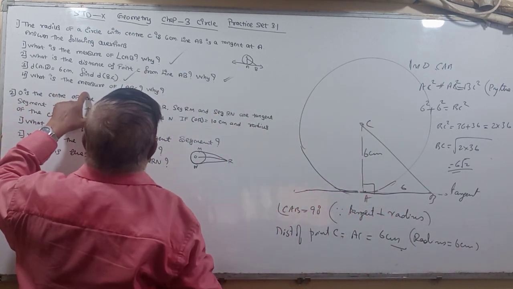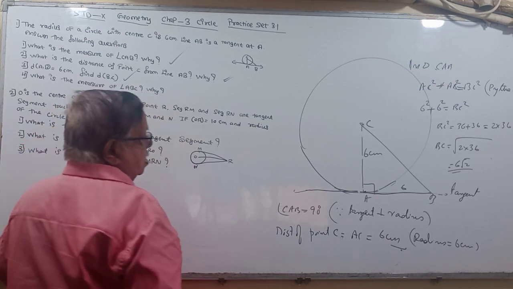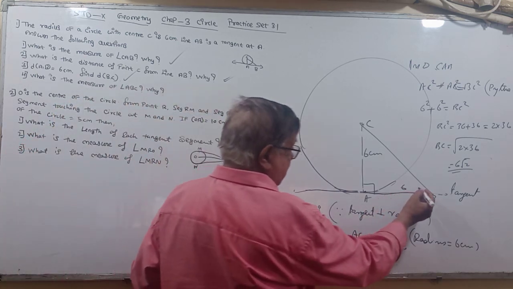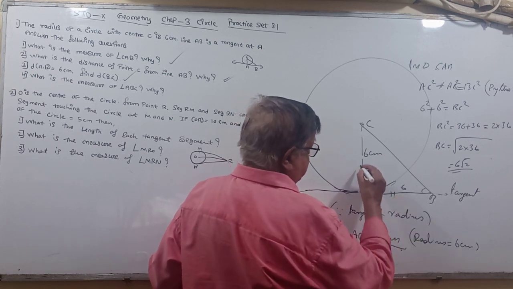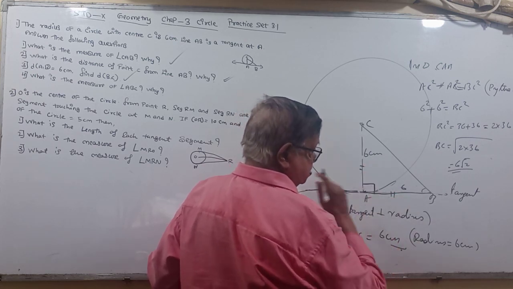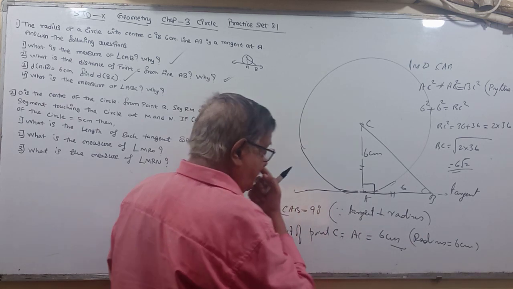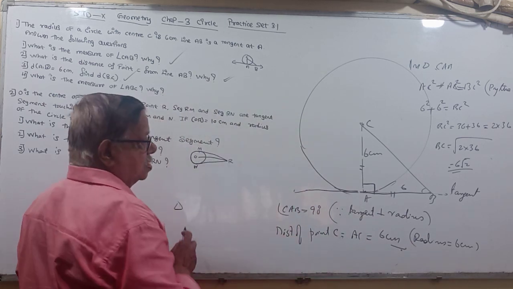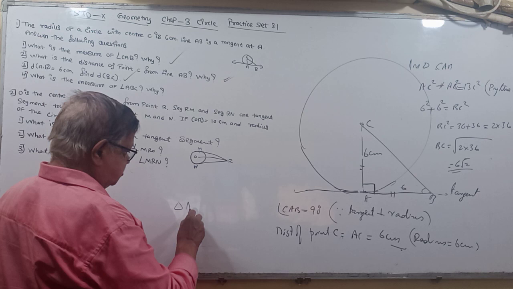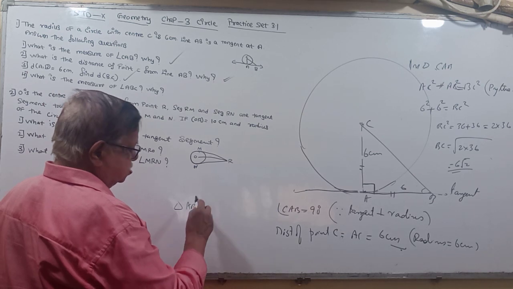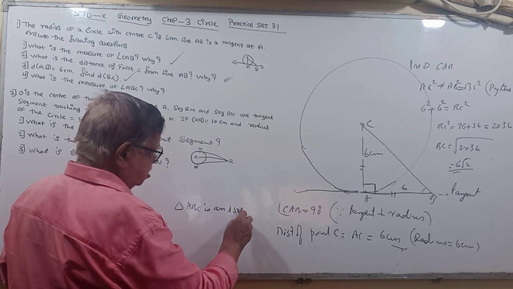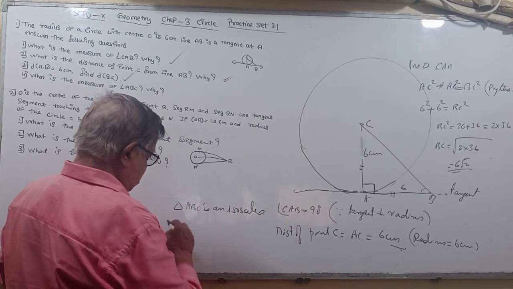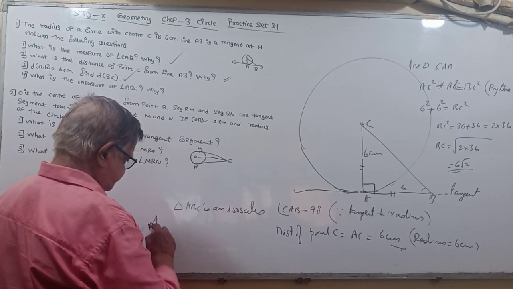What is the measure of angle ABC? ABC, what is this angle? This is 90 degrees. Therefore, triangle ABC is an isosceles right angle triangle.